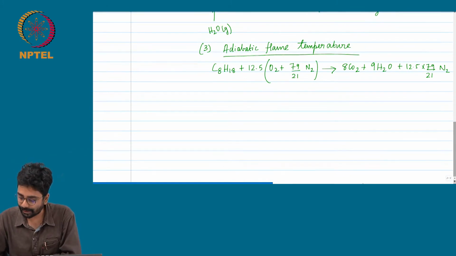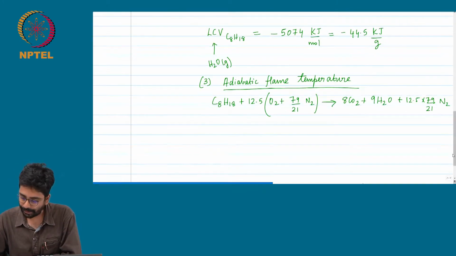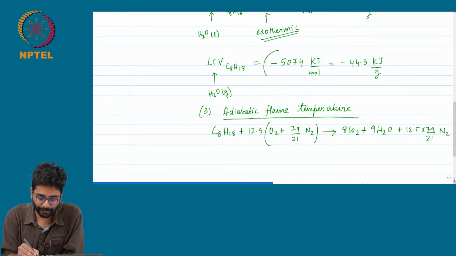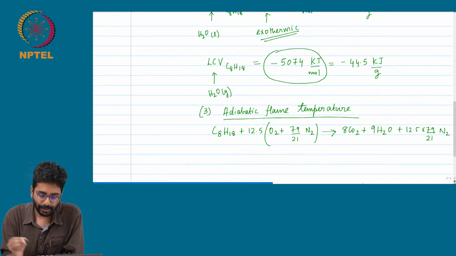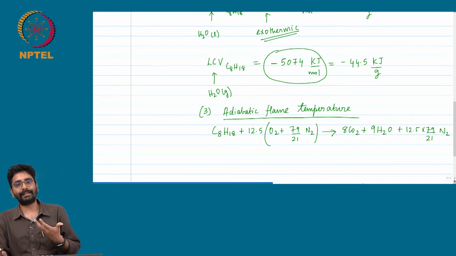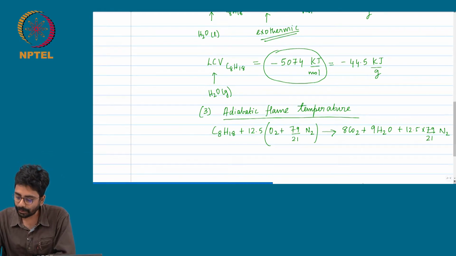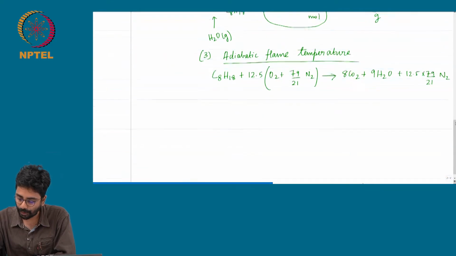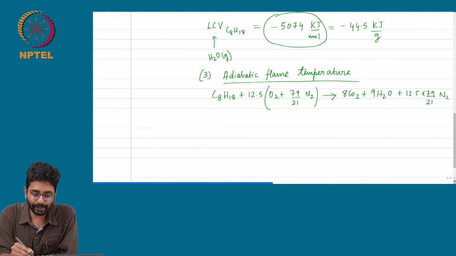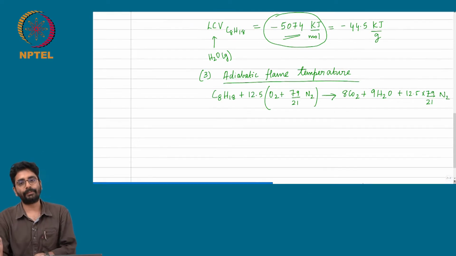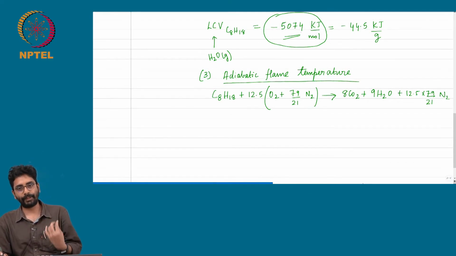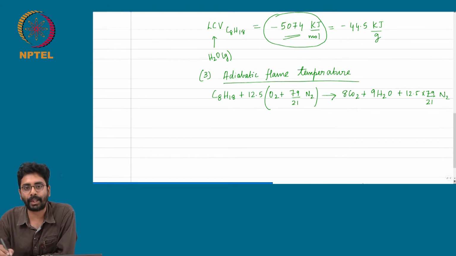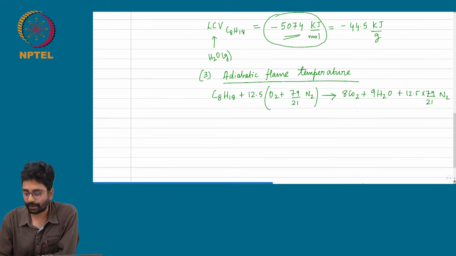We saw just a few moments ago that the enthalpy of combustion, the lower calorific value of octane is 5074 kilojoules per mole, that is exothermic, and when you burn octane, for every mole of octane that you burn, 5074 kilojoules of chemical energy is converted into heat, and that heat is used to raise the temperature of the product gases.